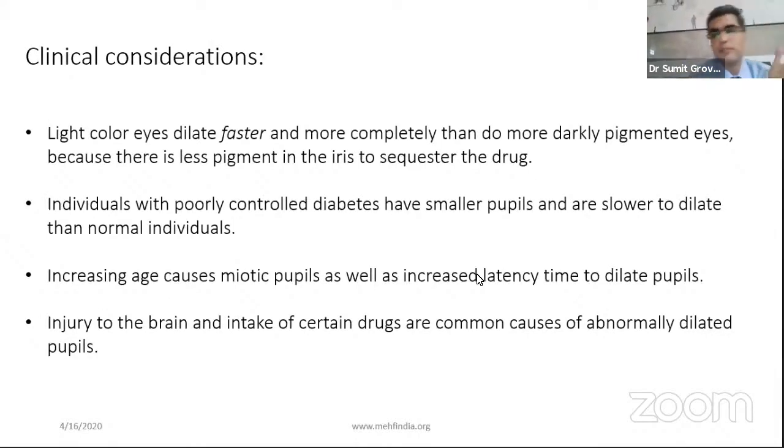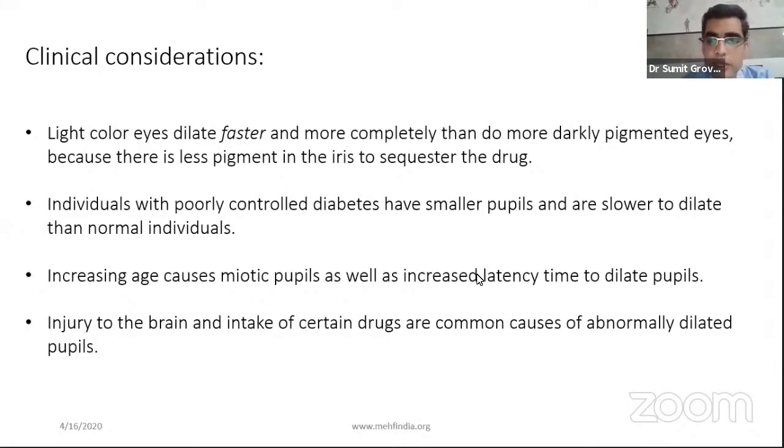Another thing is that sometimes people get frustrated that they have put the drug so many times and the patient is not getting dilated. Light colored eyes dilate faster and more completely than darkly pigmented eyes, because the iris pigment sequesters the drug less.